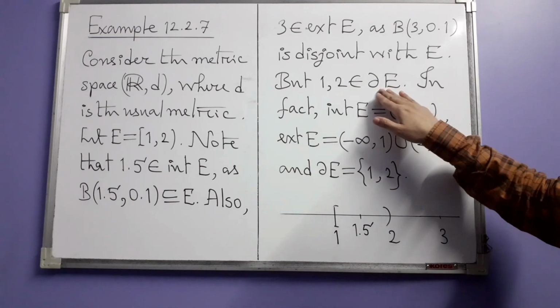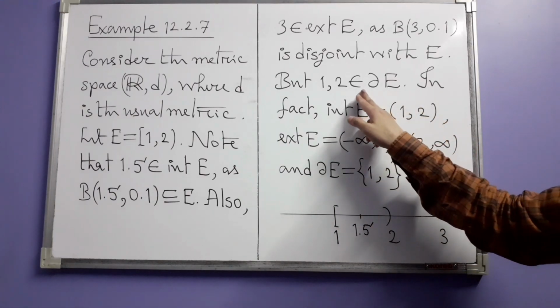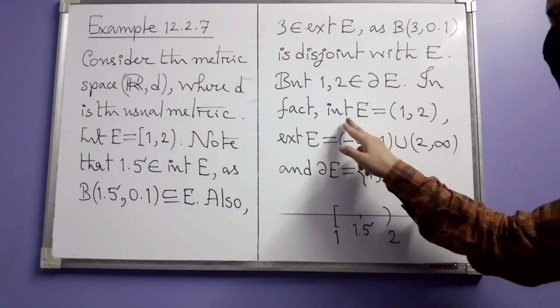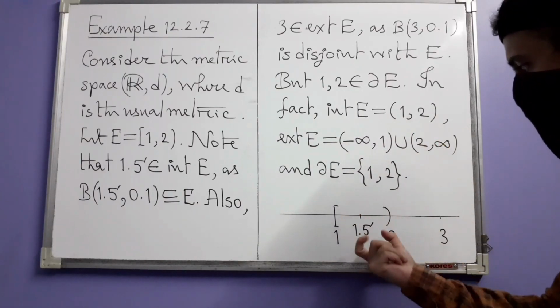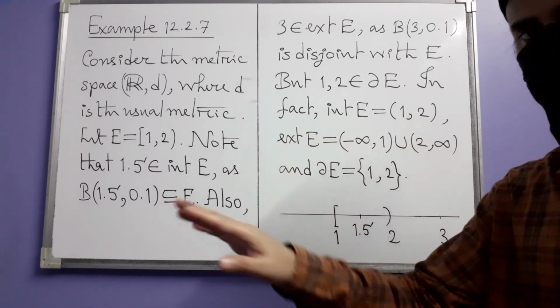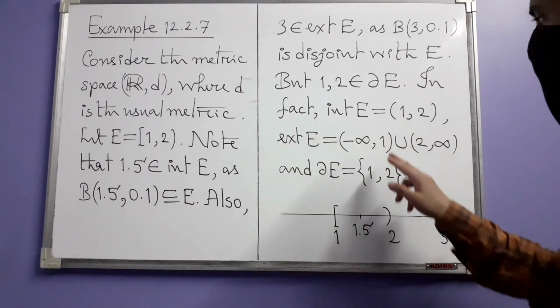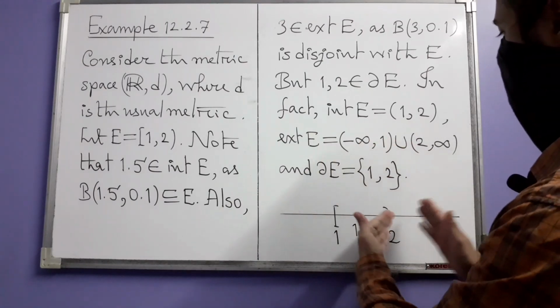And in fact, if you think of it, it won't take much time to see that the interior of E is actually this open interval (1, 2), in which 1 is of course not there because 1 is not an interior point, it's a boundary point. And the exterior is the union of these two rays.